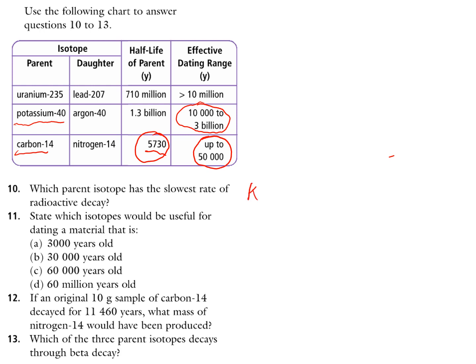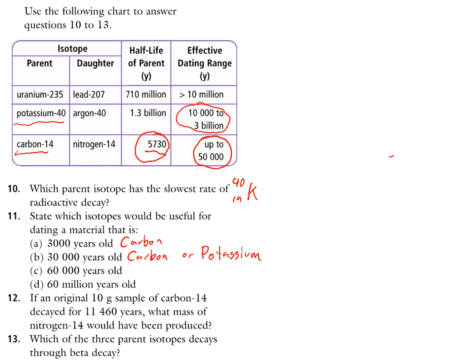Okay, so potassium-40. Now, state which isotope would be used for dating material that is 3,000 years old. Well, carbon. What about 30,000 years old? I'd still use carbon, but if you wanted, you could use potassium. What about 60,000 years old?